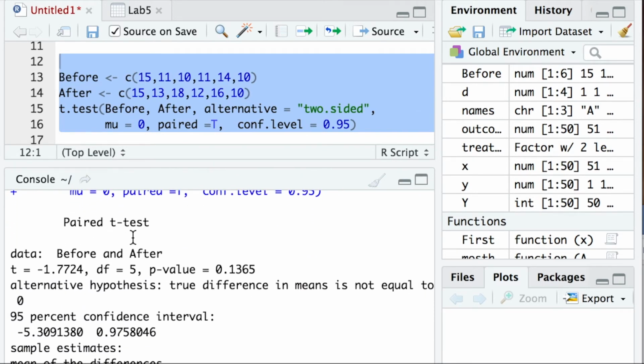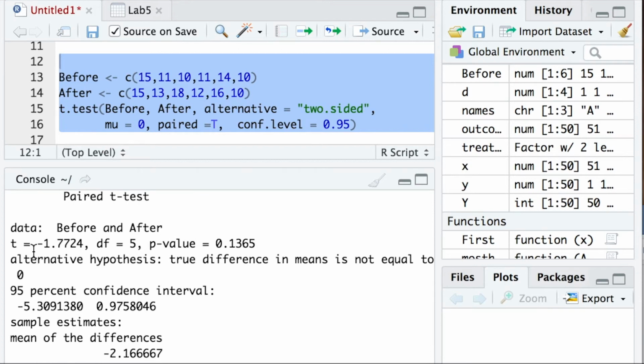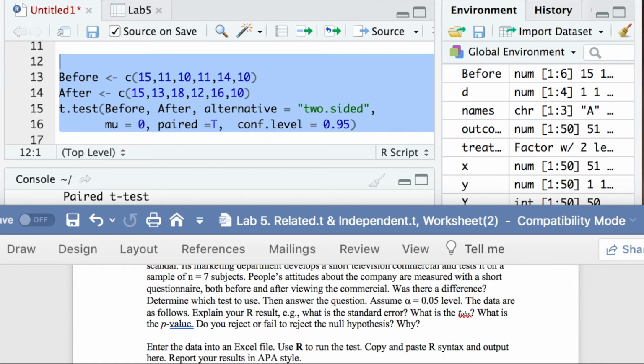This is a paired t-test, and the t-value is negative 1.7724. Degree of freedom is 5. P-value is 0.1365, which is larger than 0.05, so the result is not significant.